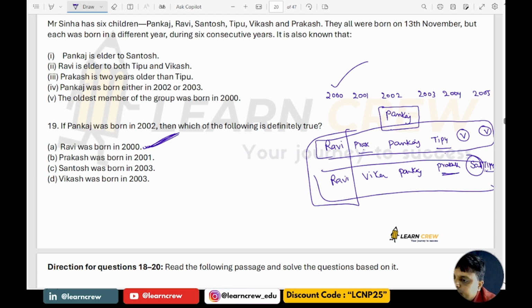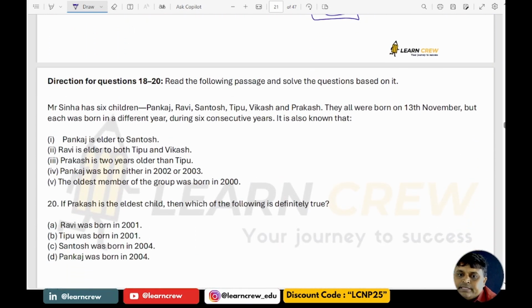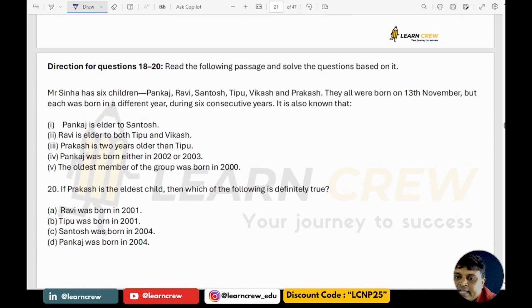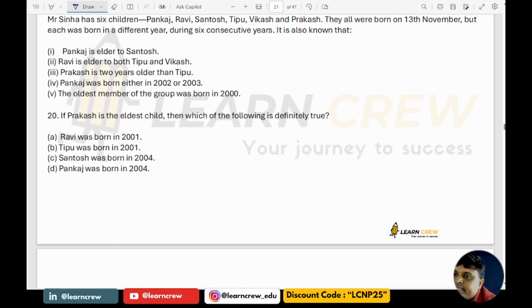Now question number 20. If Prakash is the eldest child, so if Prakash is born in the year 2000, then 2001, 2002, it is Tipu.